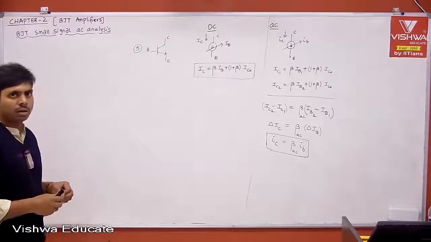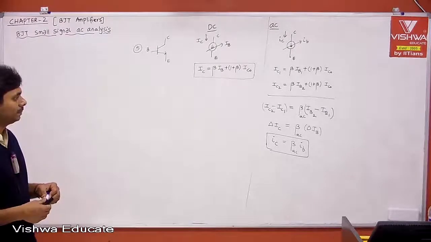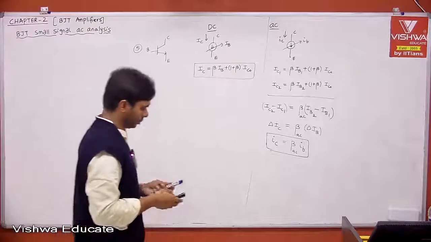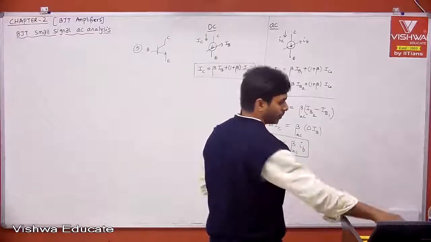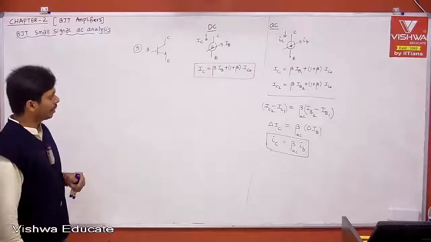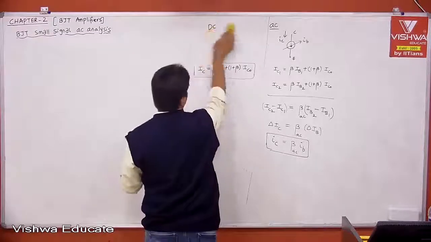If this is over, then I'll explain for MOSFET. Now let's write the sixth one, MOSFET, and with that, that is over.